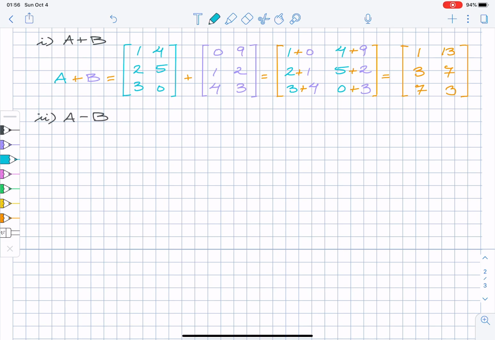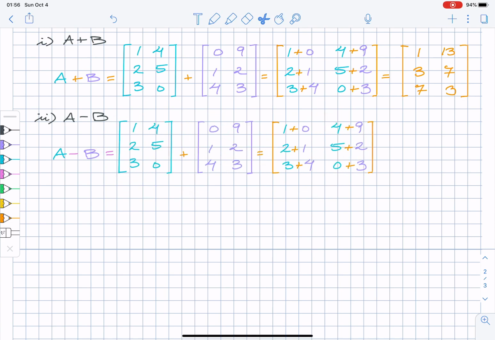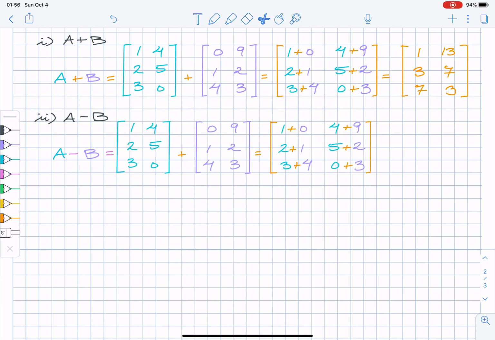So it'll be the same setup, A minus B. So that's going to be, let me just copy and paste these. In fact, I could copy and paste most of this, save you some time. And all I'm going to do is change everything that was orange to pink and everything that was plus to minus.